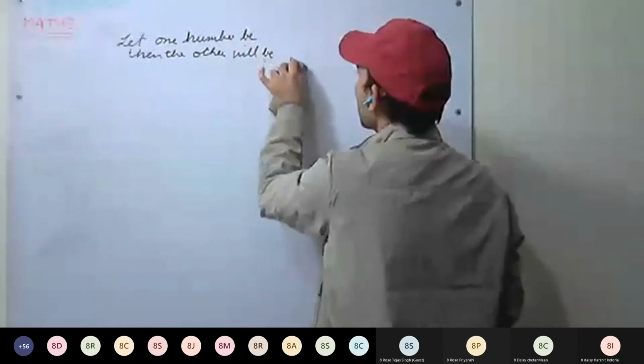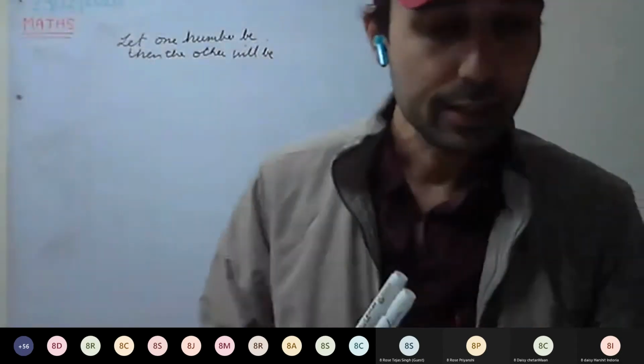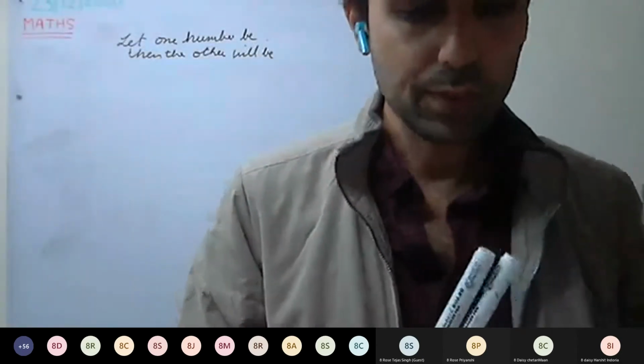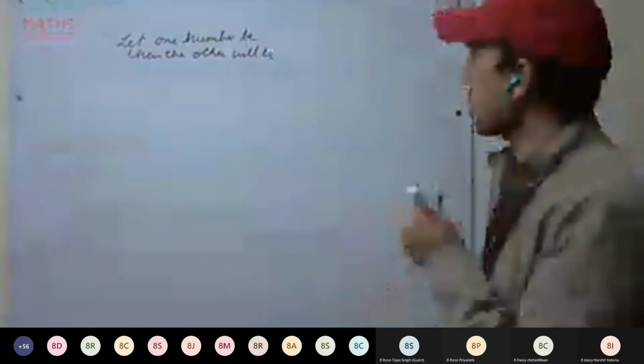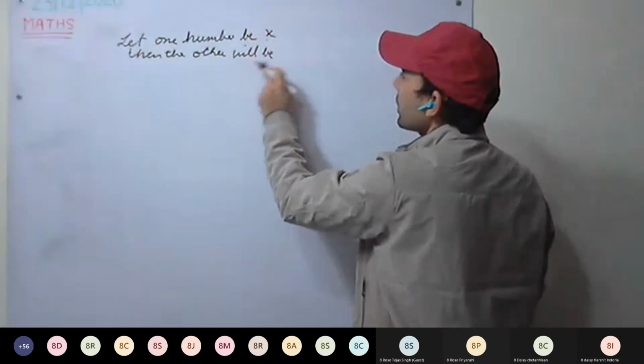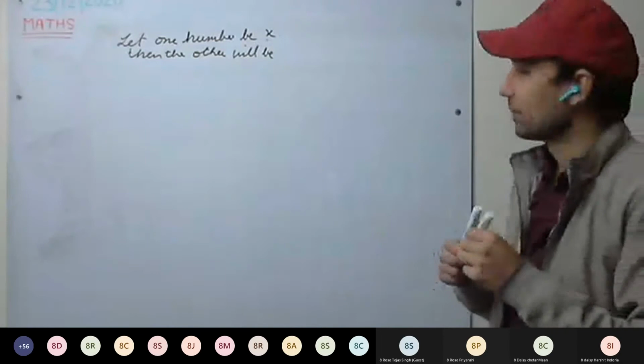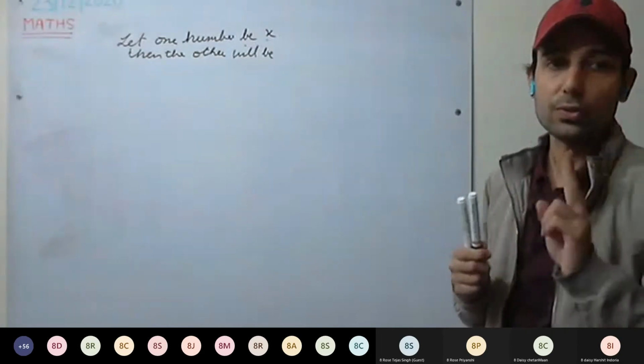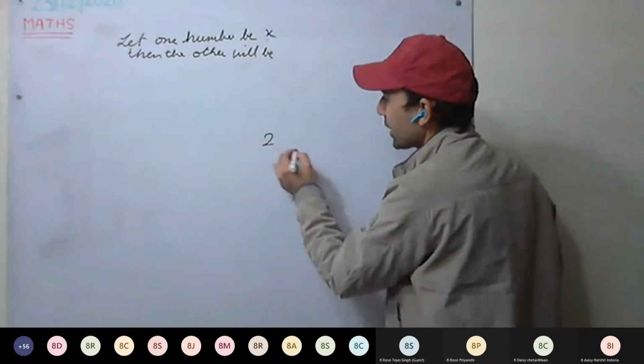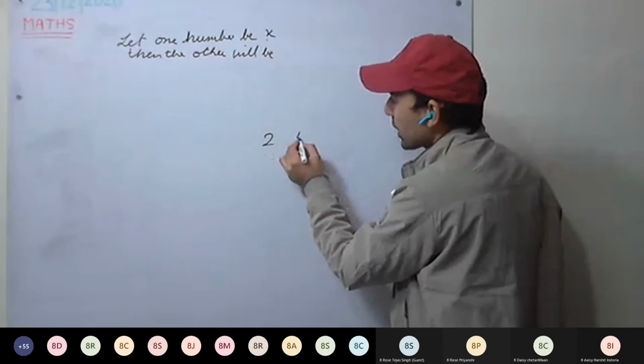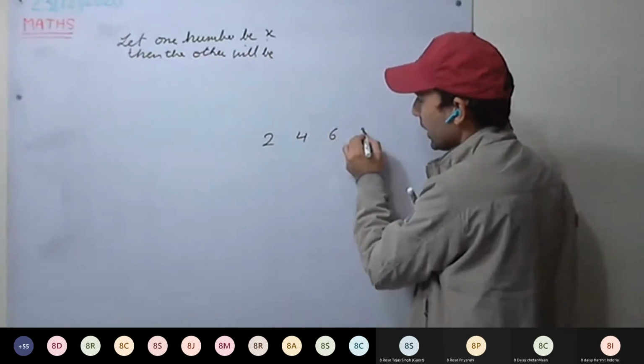So read the question. Again, the difference between the squares of two consecutive even numbers is 36. If I take one number as x, the other number will be x plus 2. Two consecutive even numbers: 2, 4, 6, 8.